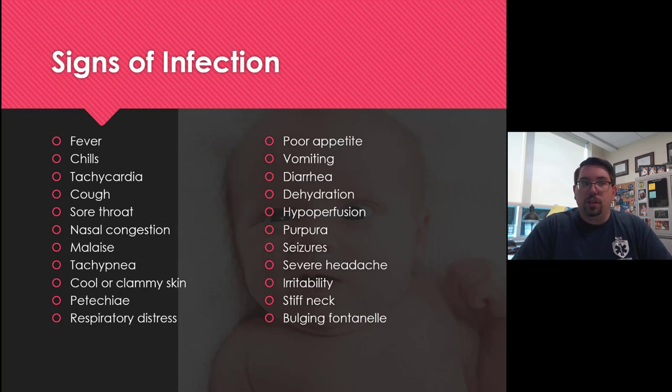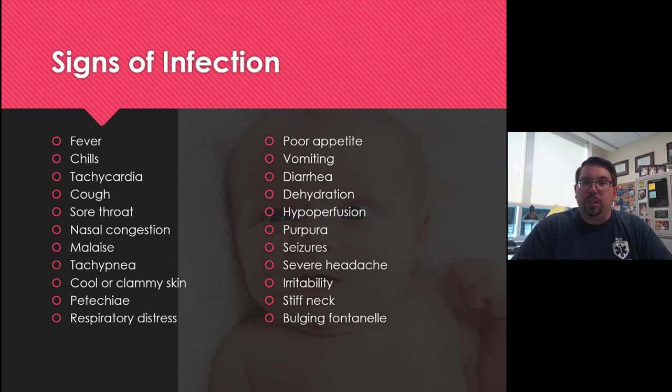Things like a cough, sore throat, nasal congestion all can lead to issues with getting oxygen into your patient. Remember that younger children, our newborns, and our infants are obligate nose breathers. They're going to be breathing through their nose, and so nasal congestion can really lead to a lot of respiratory distress. We also know things like malaise, tachypnea, cool or clammy skin, all can be signs again of infection.